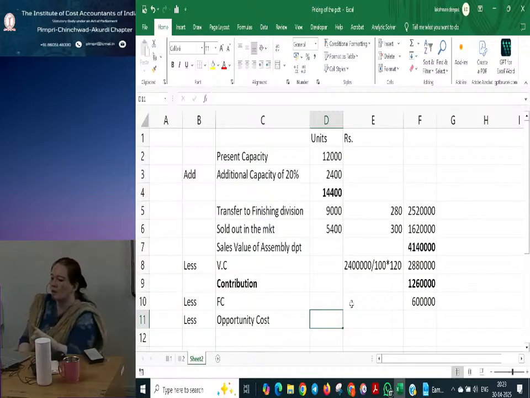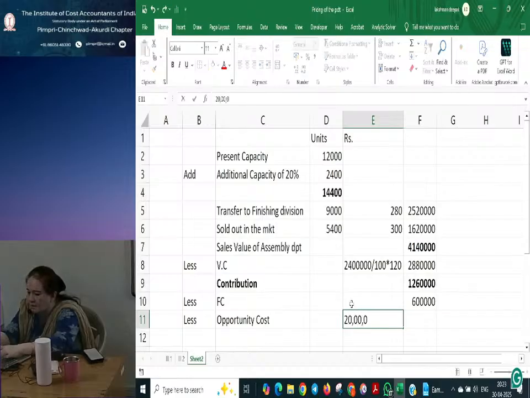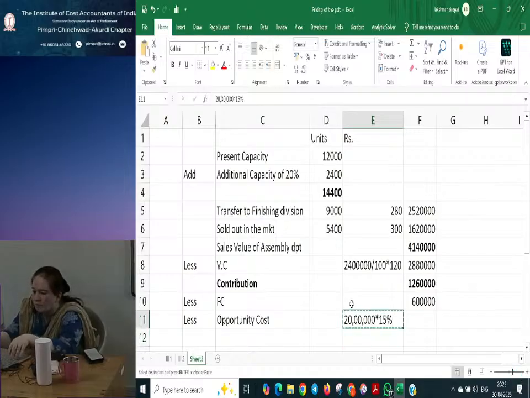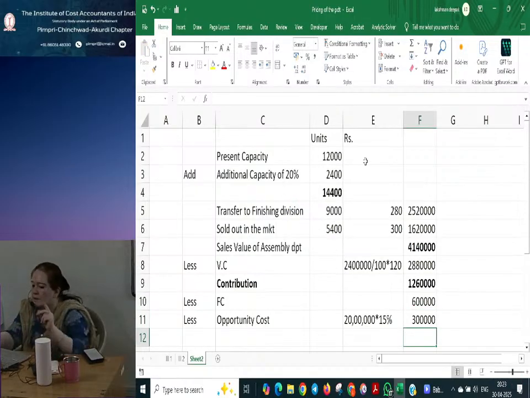That is why you are including your opportunity cost. But as per the costing records, we are not supposed to bring in any opportunity cost. Be clear about that. Got it, Anu? From the concept side? Yes, ma'am. So opportunity cost: for this increase of 20% capacity, how much investment is expected? 20 lakhs. So on that 20 lakhs, if invested elsewhere, it will fetch you 15%, which is your opportunity cost, the benefit foregone, which is 3 lakhs.